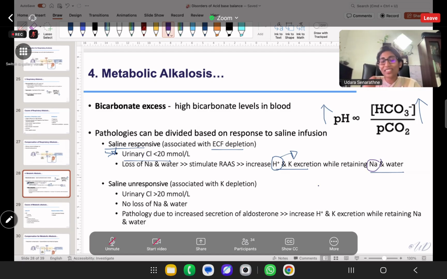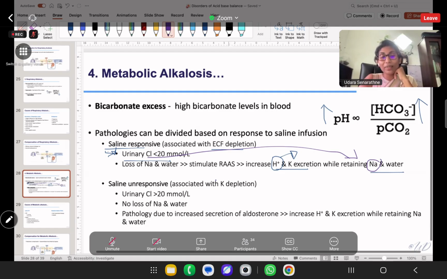So your system is retaining sodium and water along with chloride, and that is invariably leading to excretion of H+ and potassium, and leading to alkalosis because you're losing H+. So how you identify the situation, in differential diagnosis, is that urinary chloride would be low because you're not losing chloride.